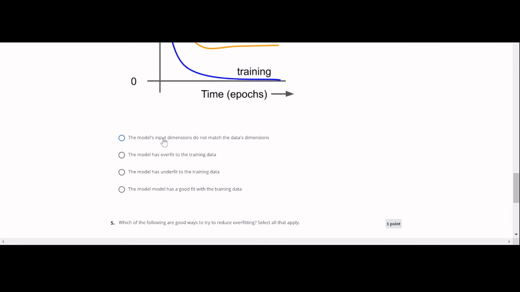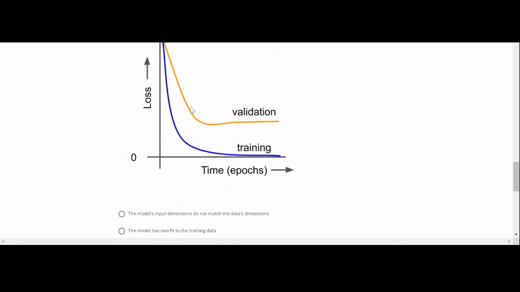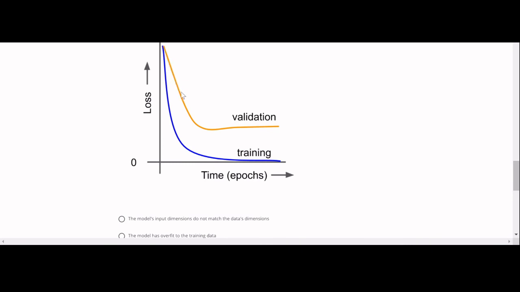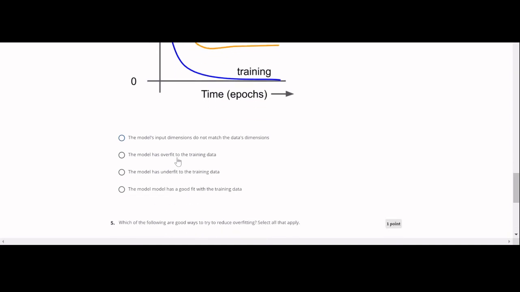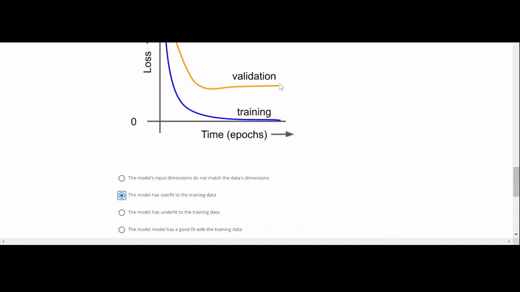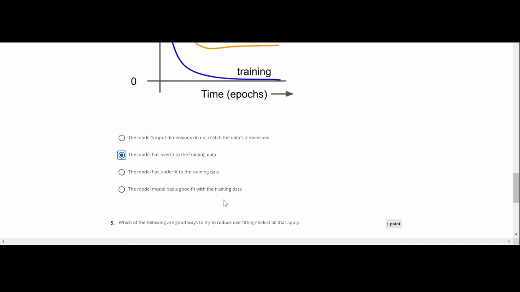The model's input dimension does not match the data dimension. That is not true, because we can see that the loss is continuously decreasing over time in both curves, so the dimension is actually matching. The model has overfit the training data. That is exactly what we want, because if the loss goes to zero in training and does not go to zero in validation, it is obviously overfitting.